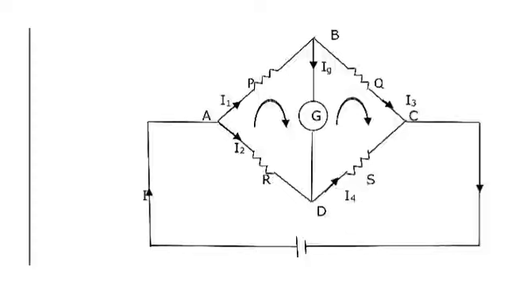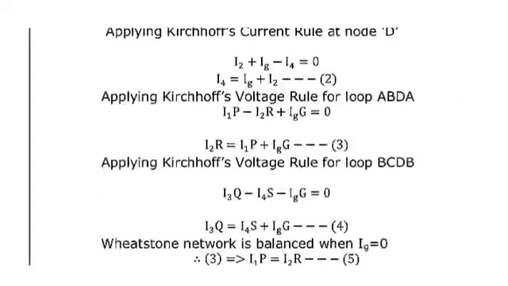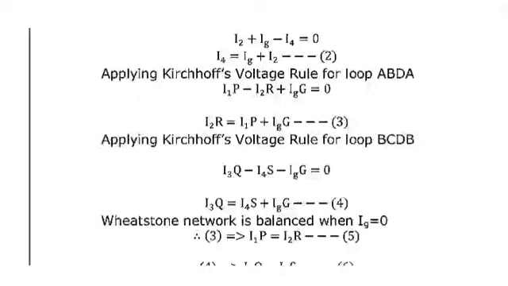So plus IG into G, which is equal to 0. I'll rearrange this equation for I2R. I get I2R is equal to I1P plus IG G. Consider this one as equation 3.